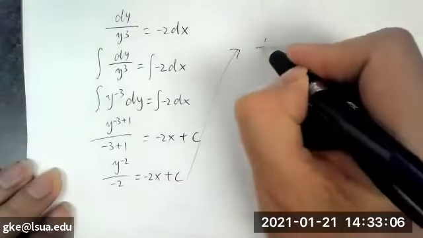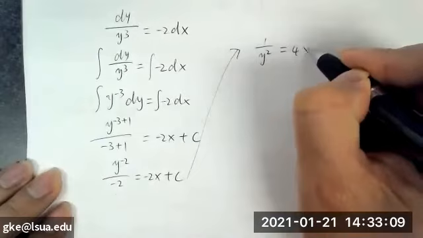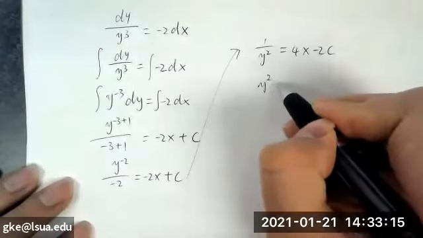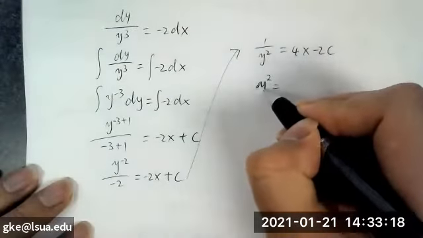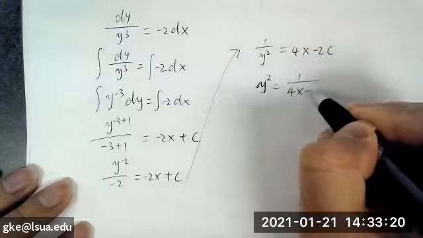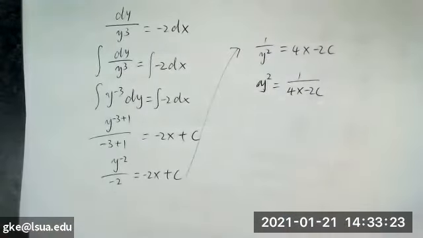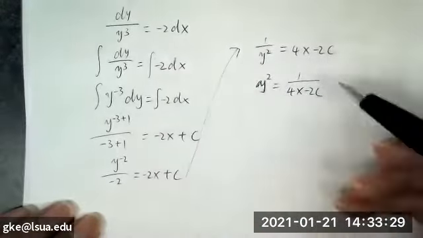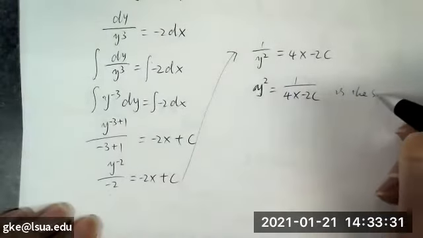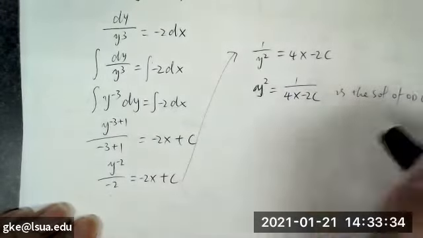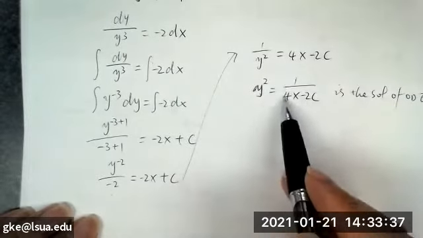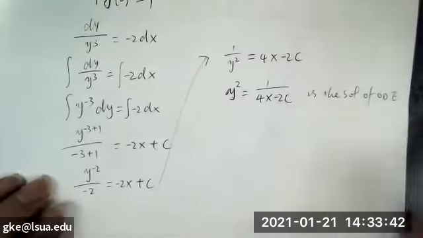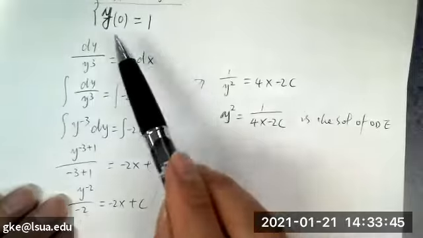We're gonna get y squared, right? And then y squared equals, right? And that is the solution of this ODE. It's very clear. It's the solution of the ODE. Or you can write y equals plus or negative square root.